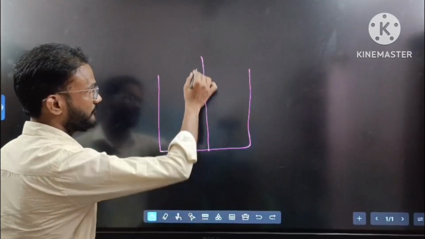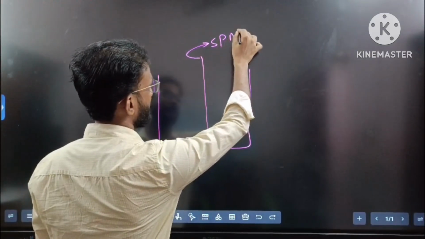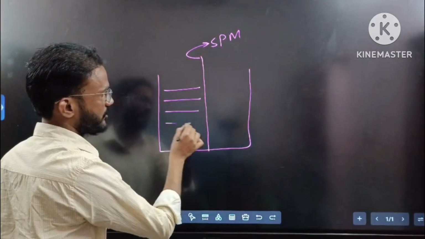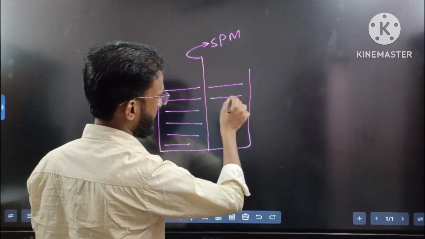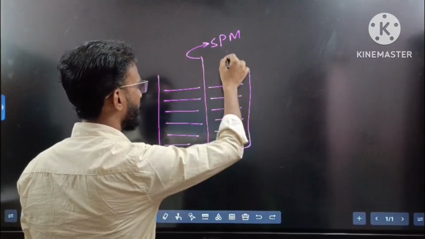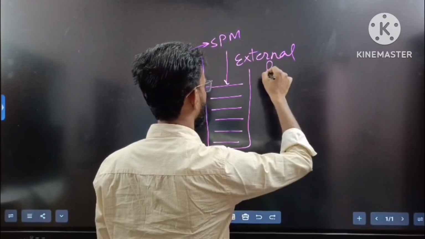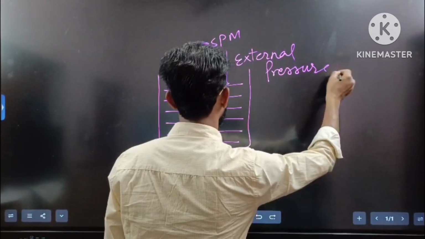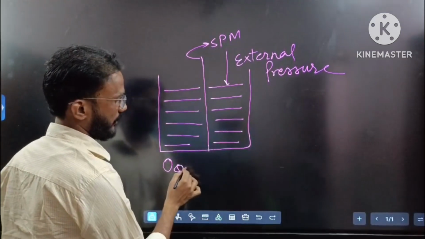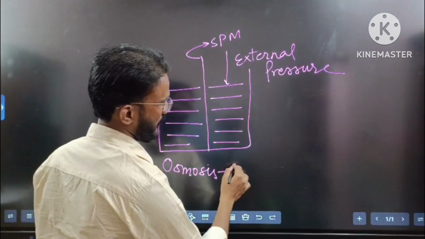This is the bell jar, this is the SPM. One side is filled with solvent and another is filled with solution. We will apply an external pressure. Then the process of osmosis will stop.